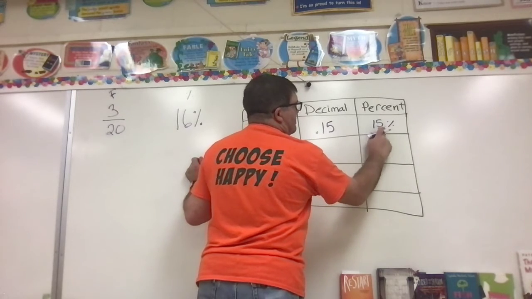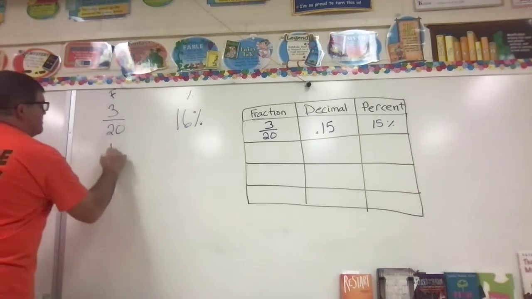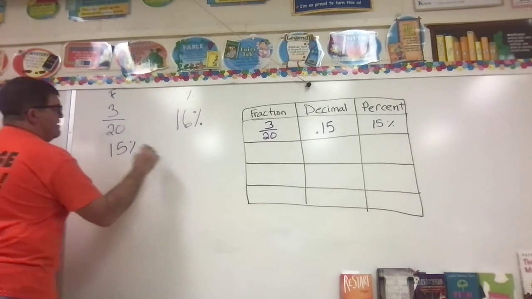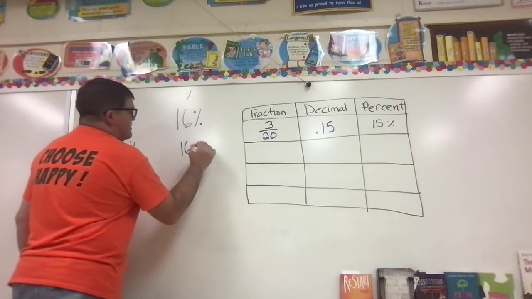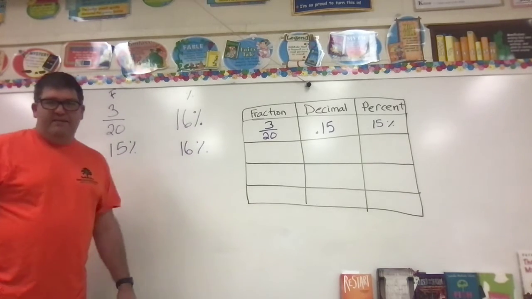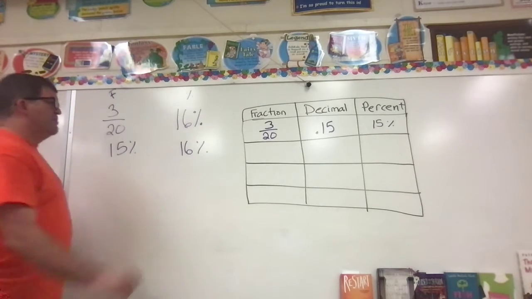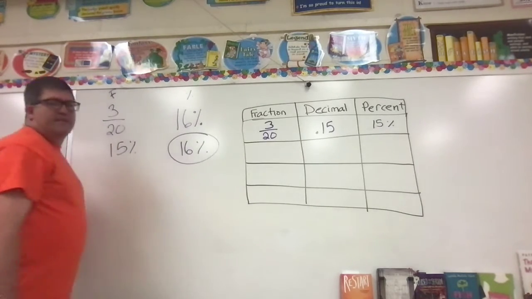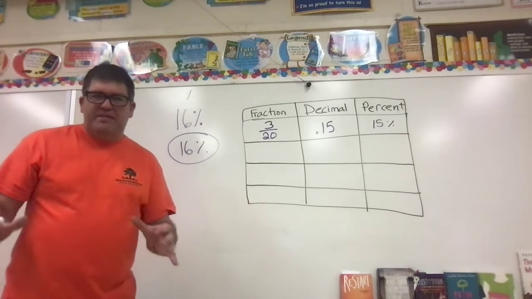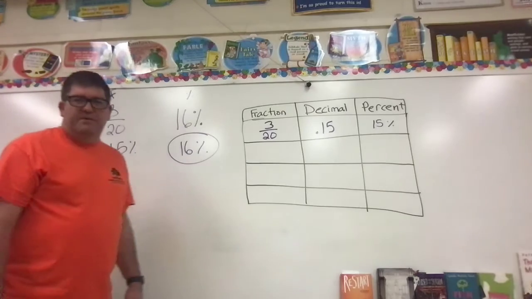Okay? So 0.15 is the same as 15%. So this is 15%, and this is 16%. Now I'm comparing 15% and 16%. Those I can say which one's greater. Which one's greater? 16%. If I have 16% of something, I have a little bit more than if I have 15% of something.